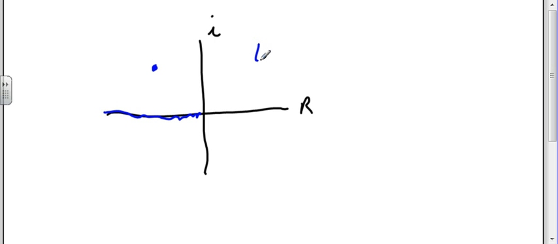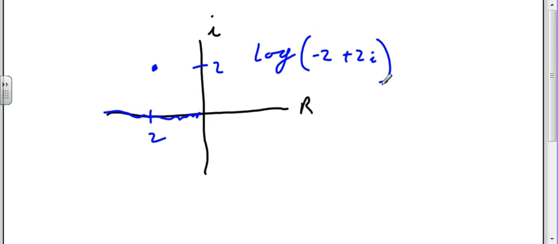Then it turns out in imaginary numbers, this is the real axis, this is the imaginary axis. I can't take the log of a real negative number, but I could take the log of this guy up here. So it'd be perfectly okay in imaginary numbers to take the log of minus 2 plus 2i. I can take the log of that because that's not negative. That's that vector.